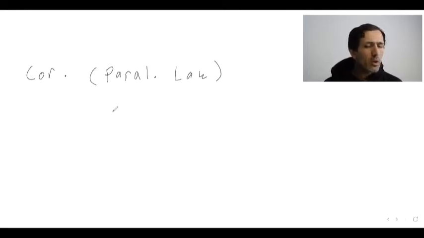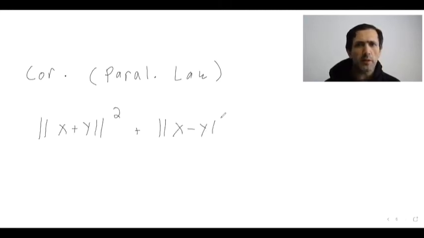All right, so what's the parallelogram law? Well, the parallelogram law says in any inner product space whatsoever, I add these two quantities together, and I get 2 times the norm of x squared plus 2 times the norm of y squared.